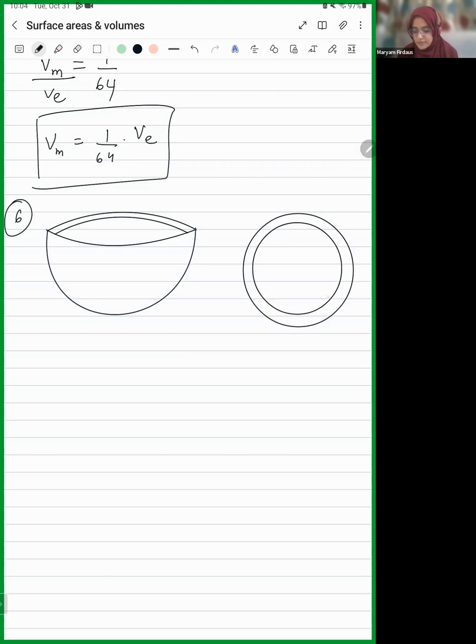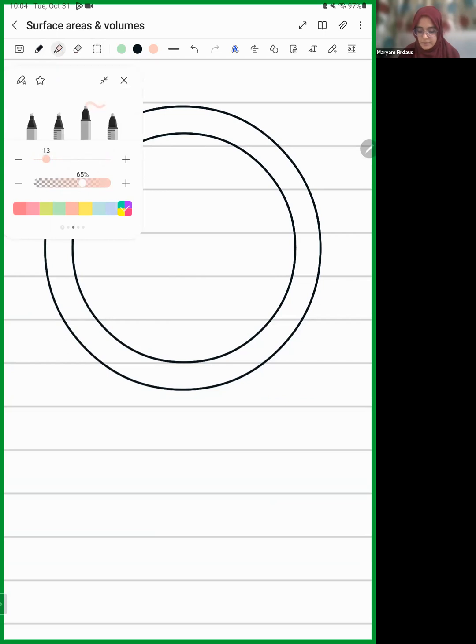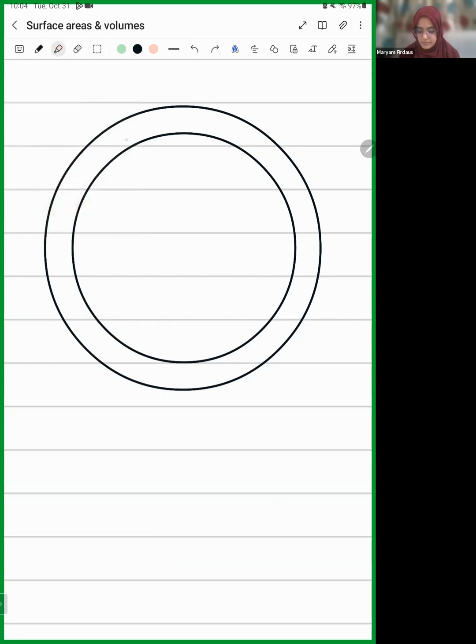It's a little irregular. Okay, there you go. This portion is made up of iron.